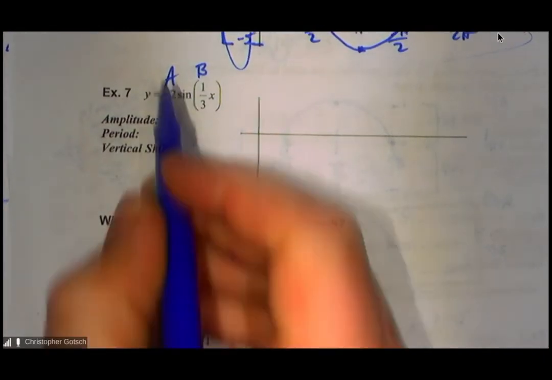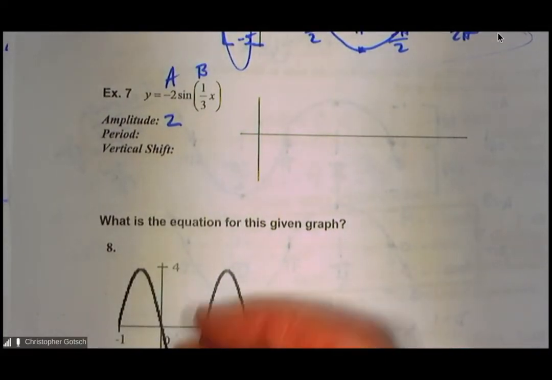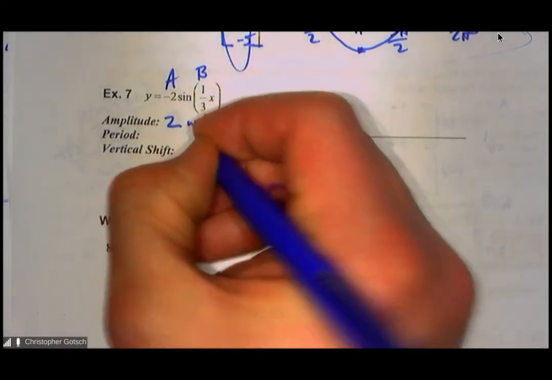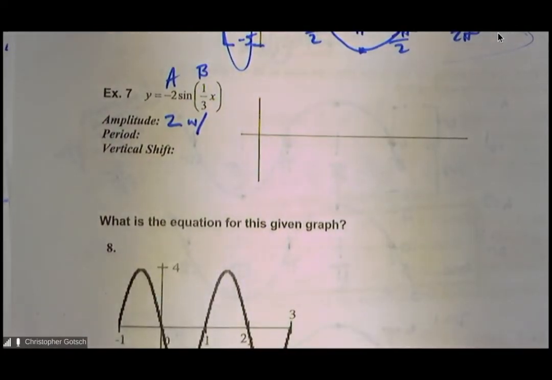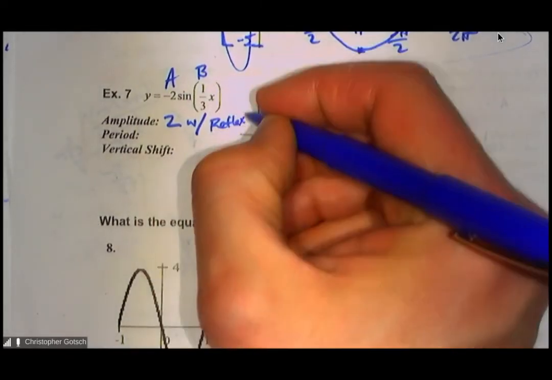So whatever this number is, always say it's positive, in this case, positive 2. But the negative, what does the negative do? Think of a negative x squared. What does the negative x squared do? Flips it. This is a reflection over that x-axis. So I got a reflection over that x-axis.